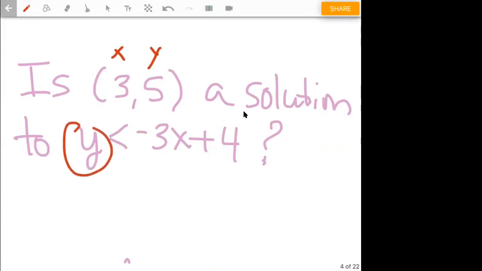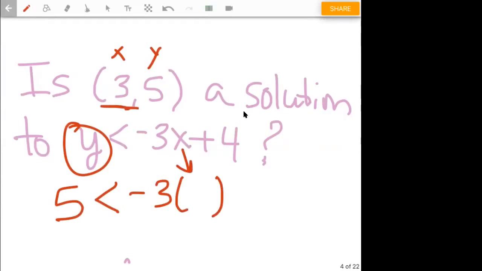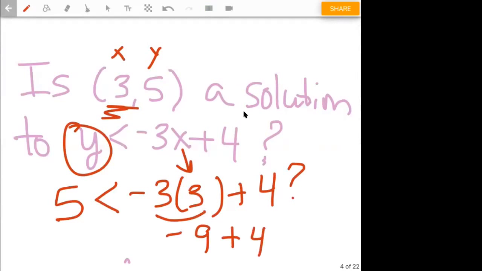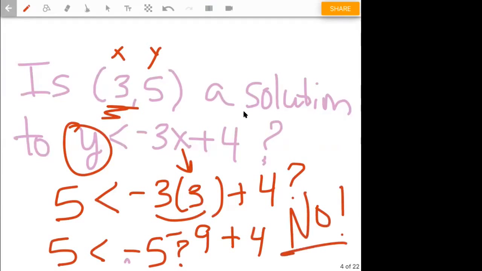So we're going to plug in y, the 5, and we want to check, is that less than -3 times, we're going to replace x with 3, plus 4. So we have -3 times 3 is -9, plus 4, which is -5. So is 5 less than -5? No. So again, that is not a solution.